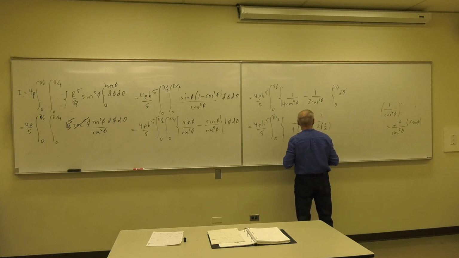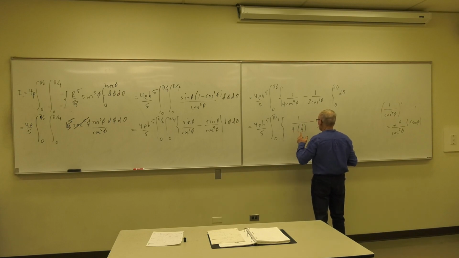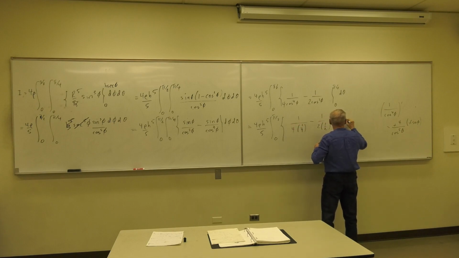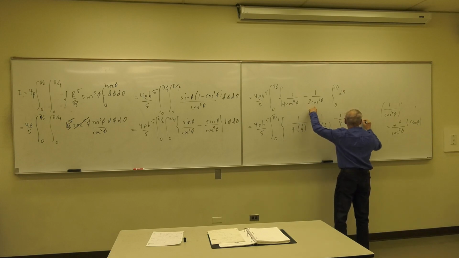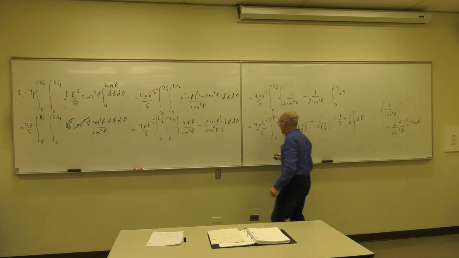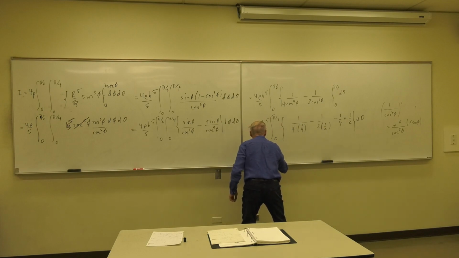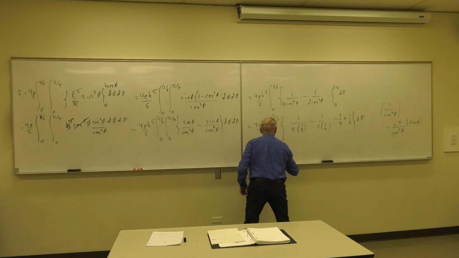Now plug in 0. At the lower limit, minus 1/4 plus 1/2 for this one. Still to be integrated with respect to theta. So what do we got here? 4 rho h to the fifth over 5.